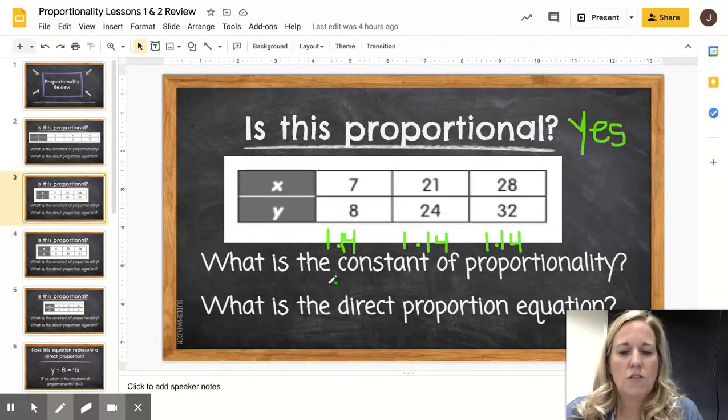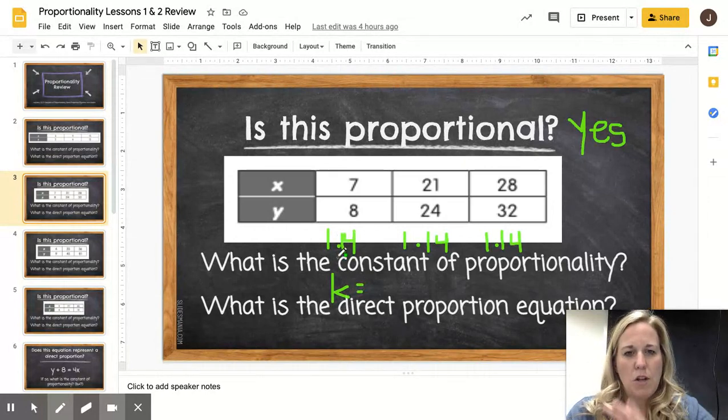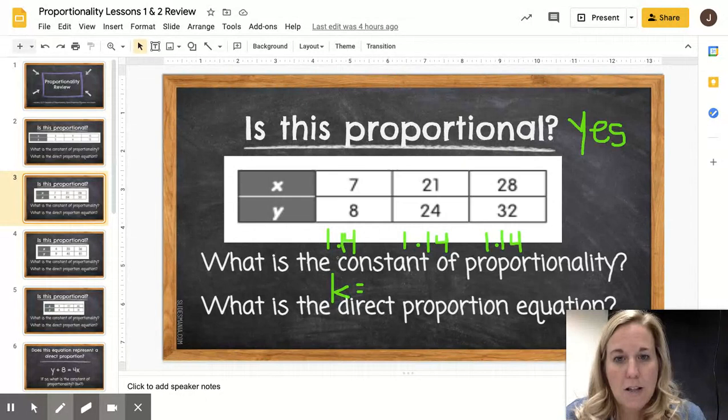So now I can answer this. What is the constant of proportionality? Remember, my constant of proportionality, that's what we call our K. And when it's a decimal that goes on forever, we're just going to write it as a fraction. So my Y was 8, and my X is 7. So I would say 8 sevenths, and I would simplify it if I could, but I would just leave it like this in this case.